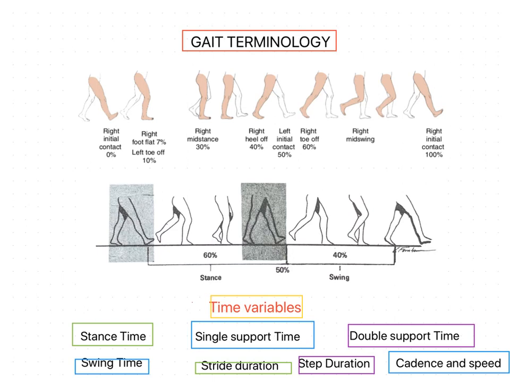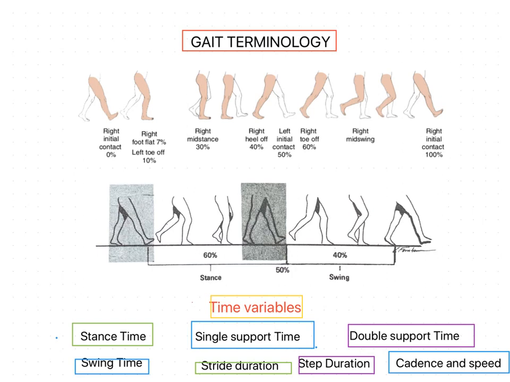It is also called temporal variables, which includes stance time, single limb support, double limb support, swing time, stride duration, step duration, cadence, and speed. All these are the temporal variables. Now, we are going to discuss time variables first and distance variables next.